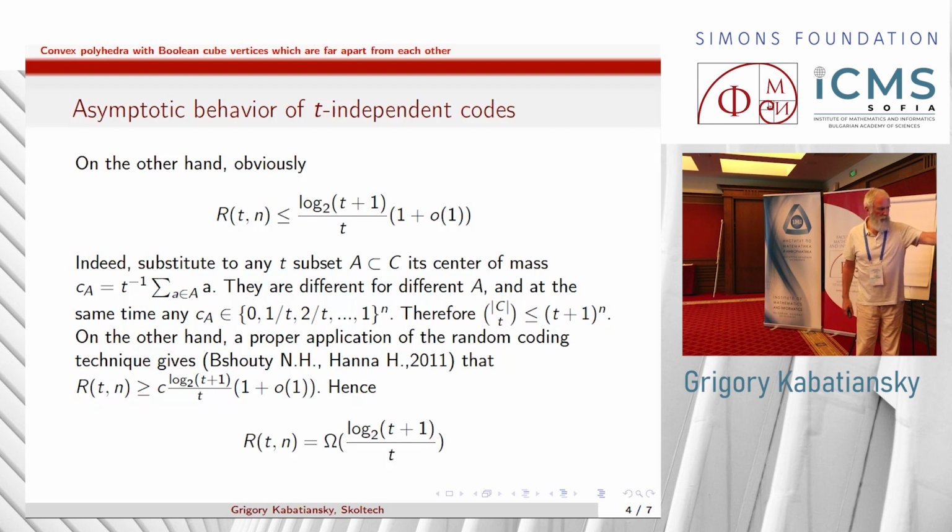These two persons proved that the size of the code grows exponentially with this correct value. So we know that the rate is, we don't know the constant here, but at least we know the order. Here I may stop because I have plenty of time.